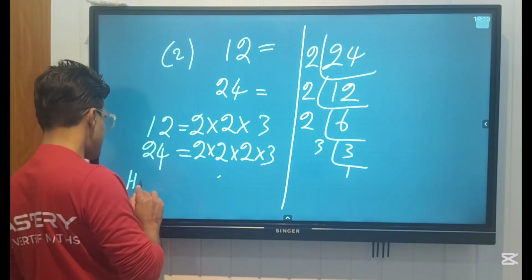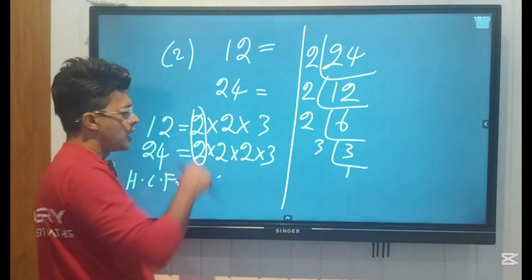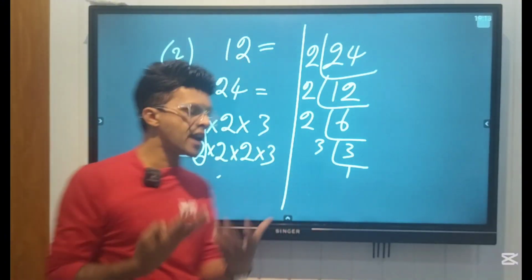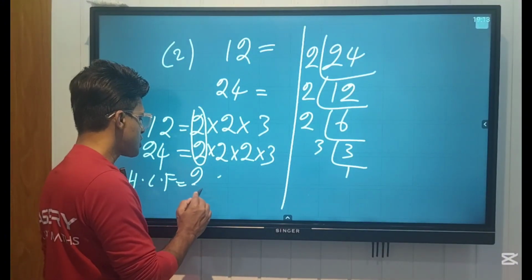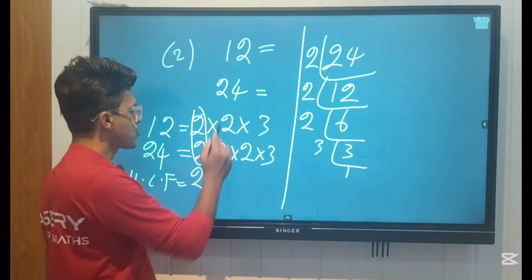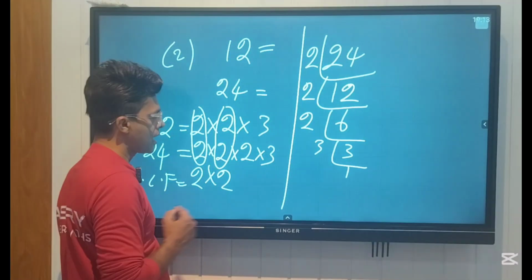Now we are able to get the HCF of these numbers. We consider this 2 and this 2, and instead of both, one 2 is taken. Here as well, it does the same thing: one digit is taken.